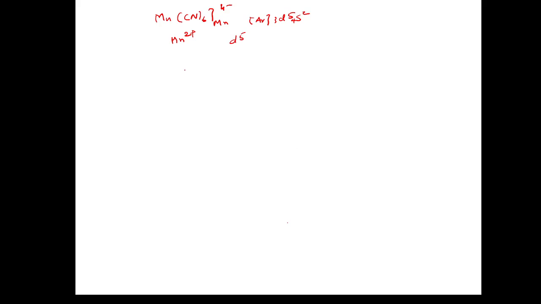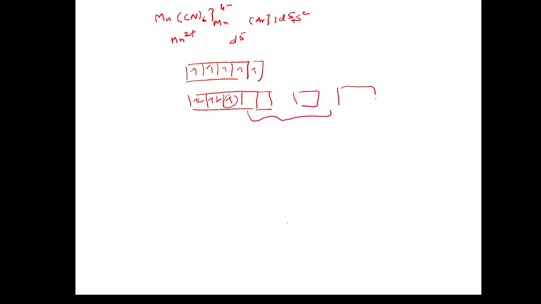Now d5 we can write as 1, 2, 3, 4, 5, each with one electron. Now it will rearrange. It will give like this 1, 2, 3. So it has one unpaired electron and this is d2sp3 hybridization. So this is paramagnetic.